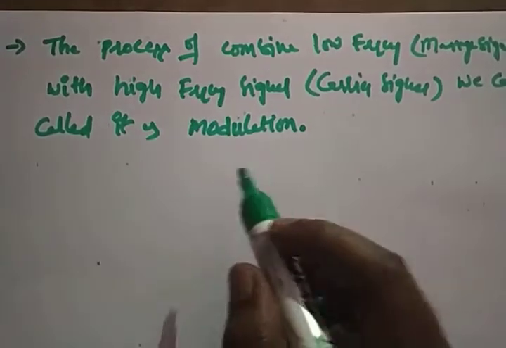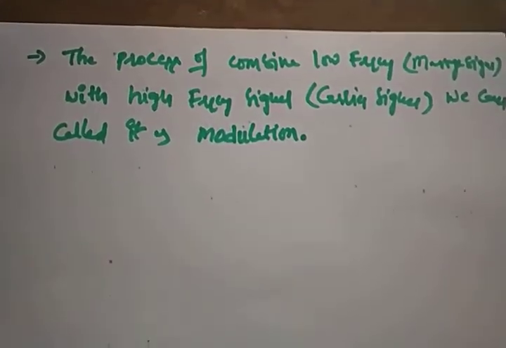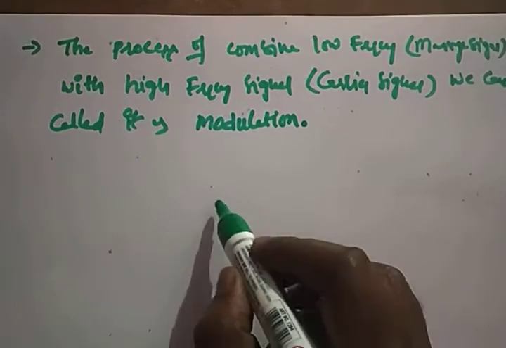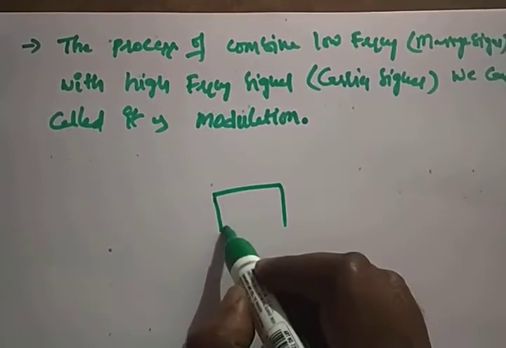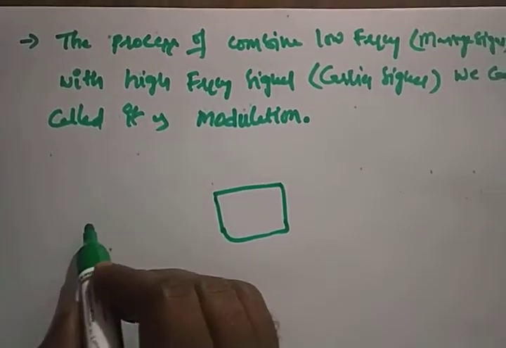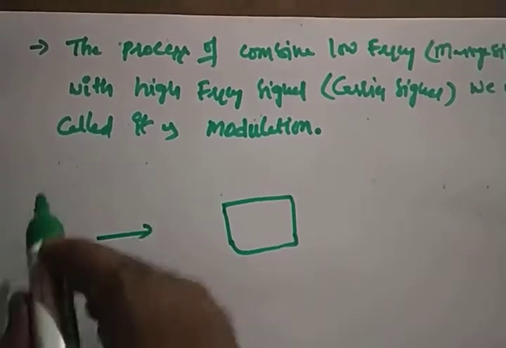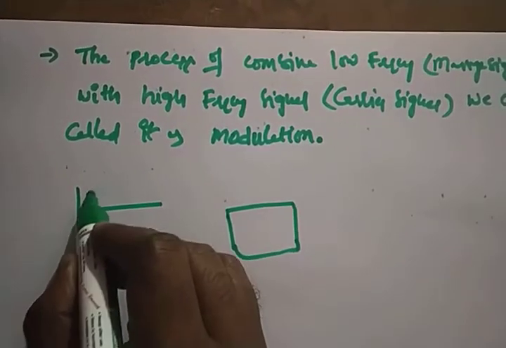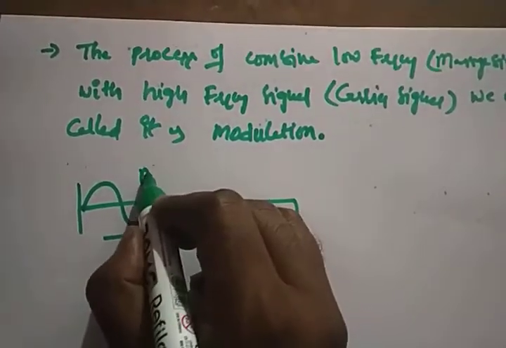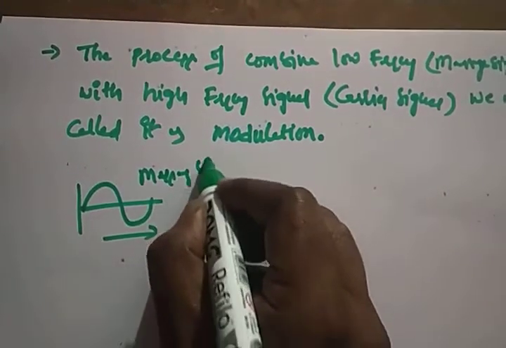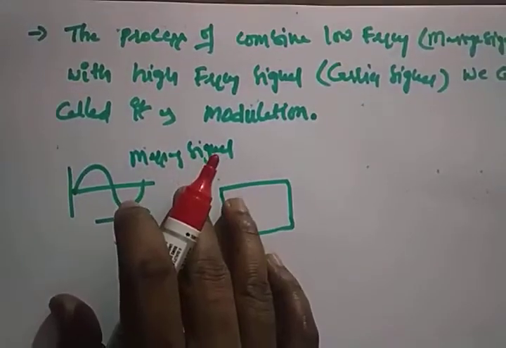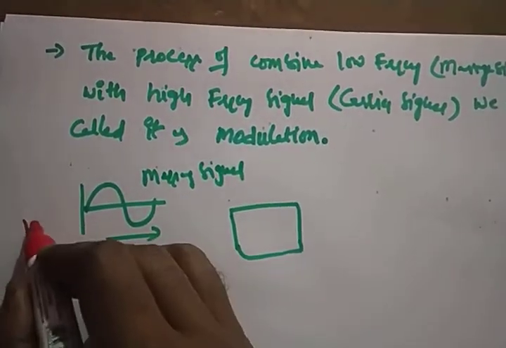Now we have to define a simple block diagram. What does modulation mean? So this is my input. Suppose my signal is like this. This is my message signal, which is nothing but a low frequency signal.